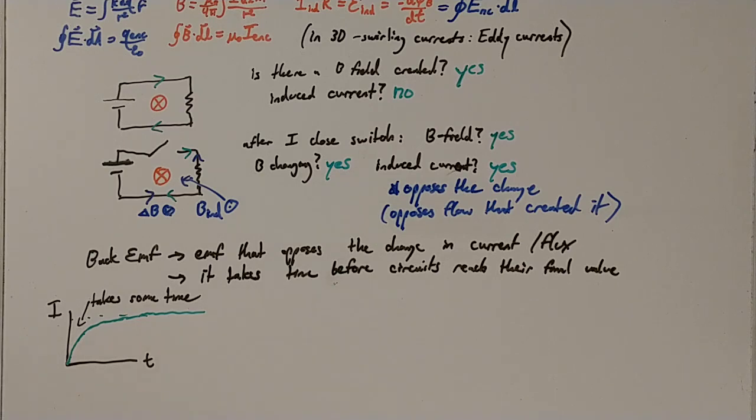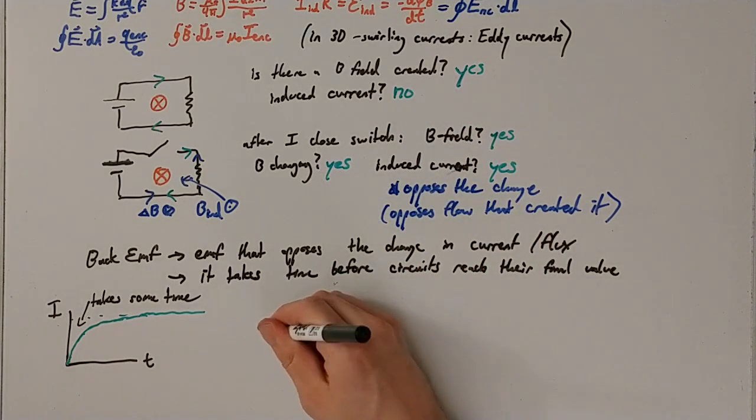Now, this brings up a question: what sort of circuits are going to have more self-inductance or more back EMF? Let's say I wanted to increase the amount of back EMF, to make it take even more time. What would I do? Well, the amount of back EMF depends on the flux.